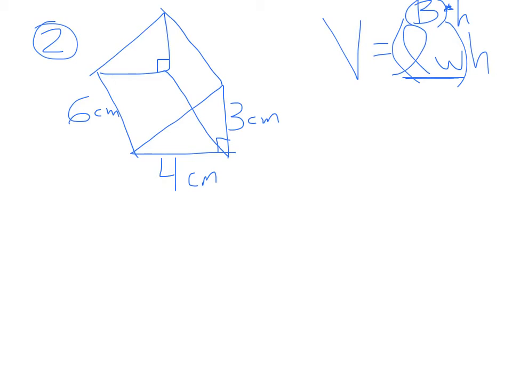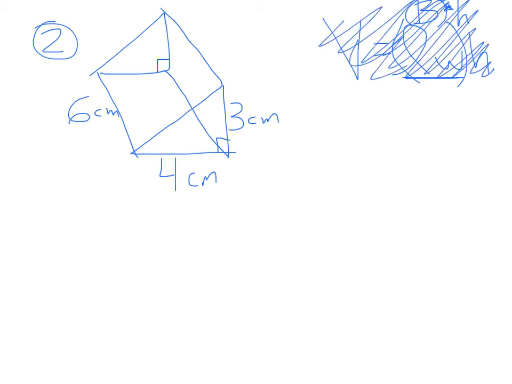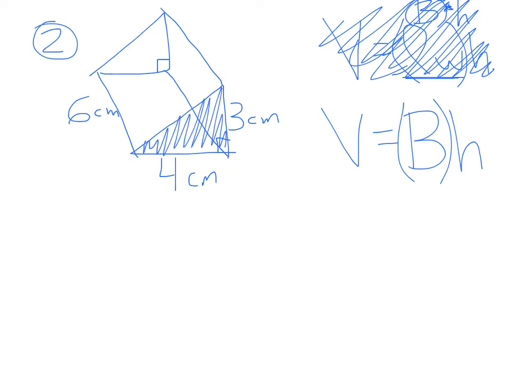On this problem, we're not using that. But anytime we talk about prisms, we always use the big BH formula. Big B turns into an area formula. Well, in this case, we have a triangular prism, so the bases are the triangles. So in other words, since big B stands for the area of the base, you must find the area of the triangle.